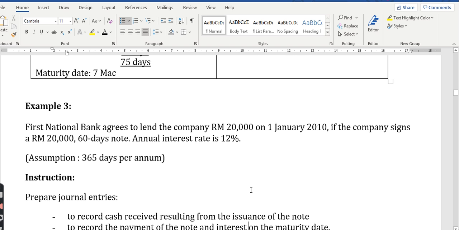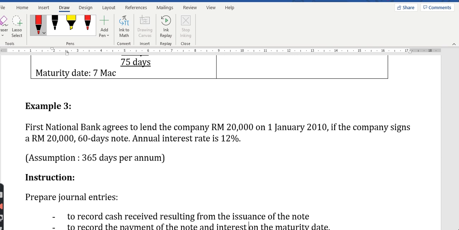Okay, so we look at example 3. First National Bank agrees to lend the company 20,000 on 1st of January. So 1st of January 2010 will be the date of the issuance. The company signs a 20,000 ringgit of notes payable, and the interest rate is 12% per year. It is given in the question, the assumption is 360 days per annum.